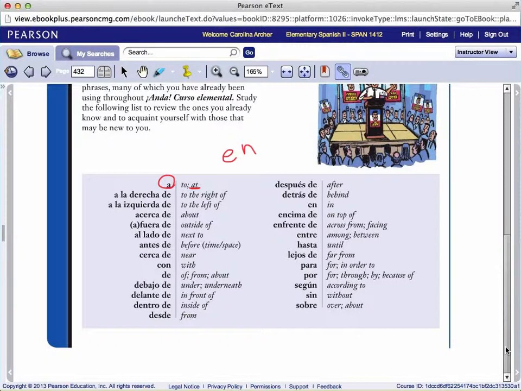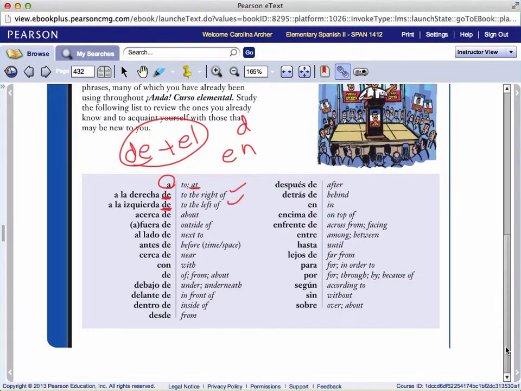A la derecha de, to the right of. A la izquierda de, to the left of. And of course, if we have a noun that comes after de, this de will need to agree, right? If it's singular and masculine, it would be el, so we know that el needs to be combined to form del.